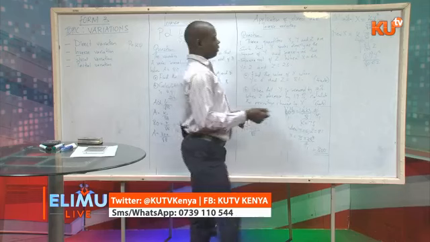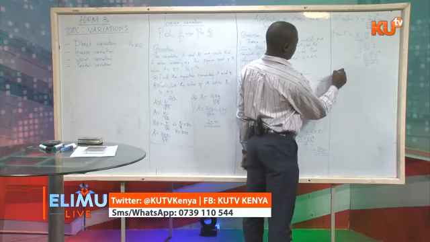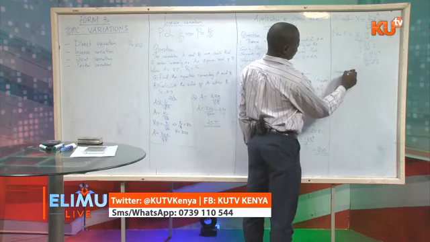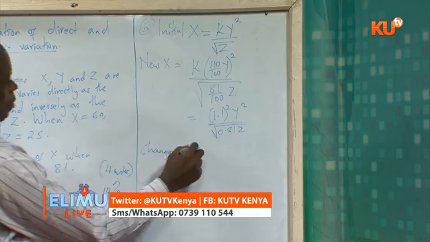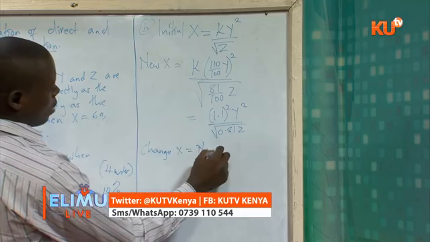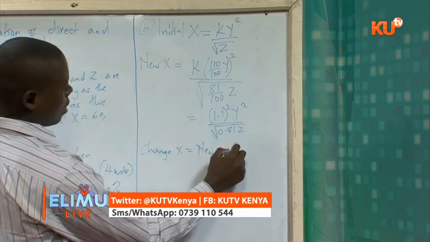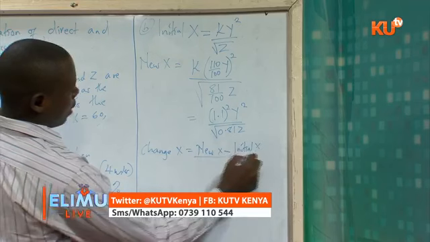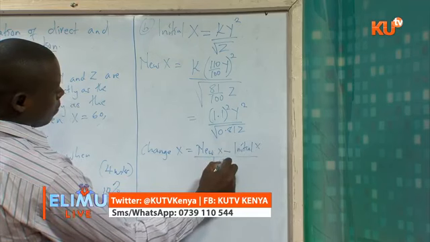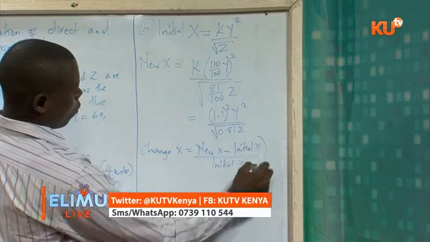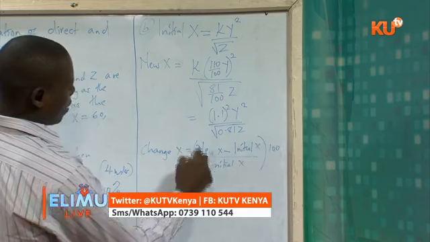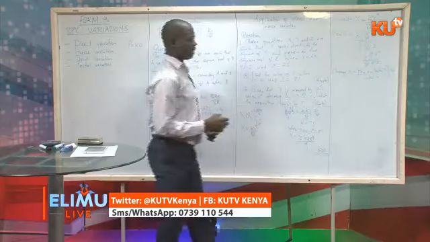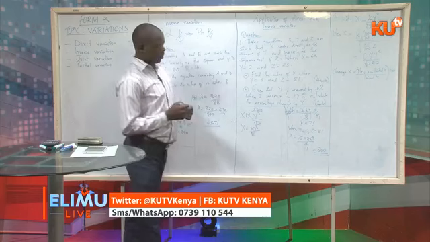And so how do you get the change? The change in x is the new x less the initial x, over the initial x, and then you multiply it by 100 because you are looking for the percentage change.